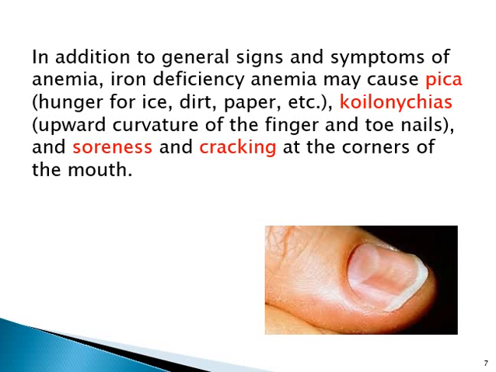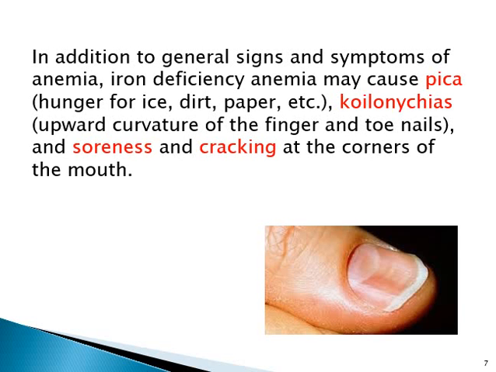In addition to the general signs and symptoms of anemia, iron deficiency anemia may cause pica, which means hunger for things like dirt and paper. Those children will be noticed eating dirt, dust, and paper. Sometimes they eat strange things.